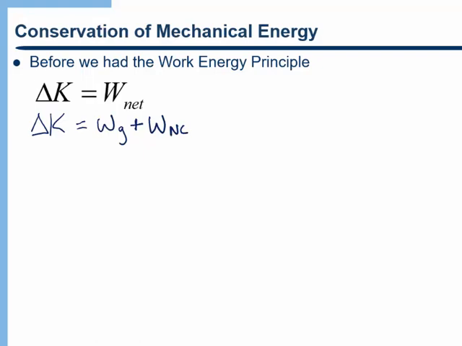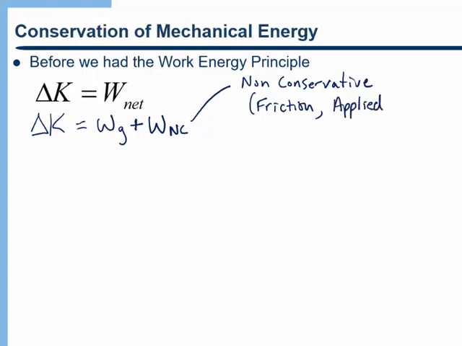So what does WNC represent? NC stands for non-conservative. So forces that are non-conservative are forces such as friction and also applied forces. In those cases, you do have to directly calculate the work done by those forces. But in the case of gravity, we've learned that we can replace gravity with negative delta U.